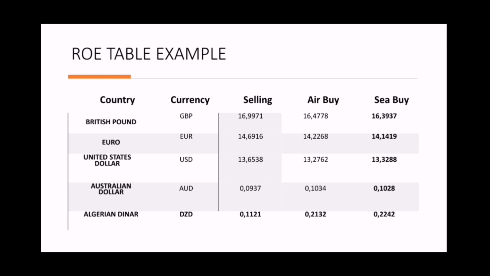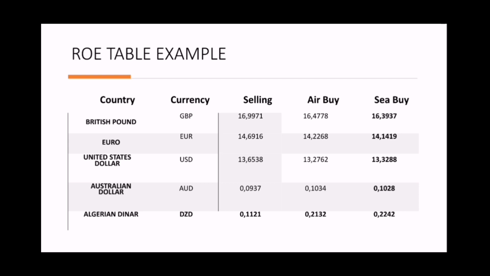amount. So if you were selling, meaning the bank is selling the currency to a customer, they will use the selling rate that is under selling. And then if the bank is buying from you, they have air buy, which I explained in the previous slide. You have air buy, and then you have sea buy in this table.